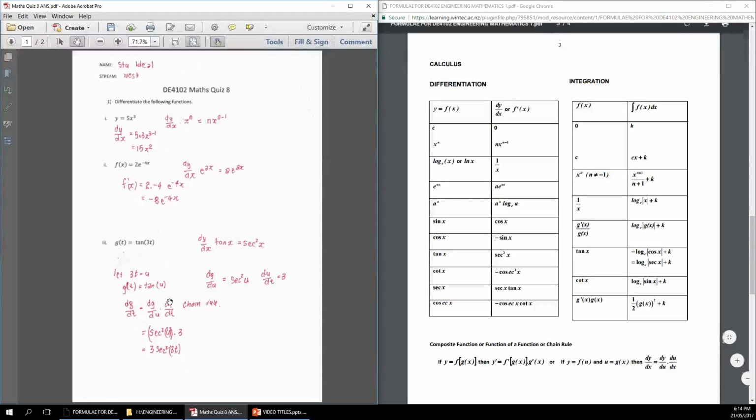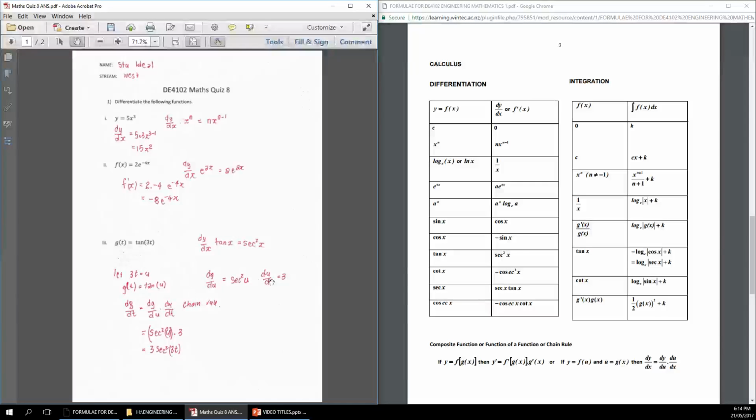It's almost harder to use the chain rule than to do it in your head, but nonetheless, we let 3t equal u, so g of t equals tan u. Here's the chain rule: dg by dt equals dg by du dot du by dt. So dg by du is sec squared u, and du by dt is 3.